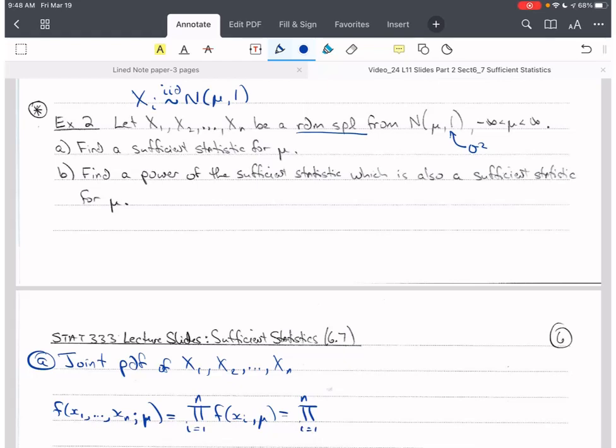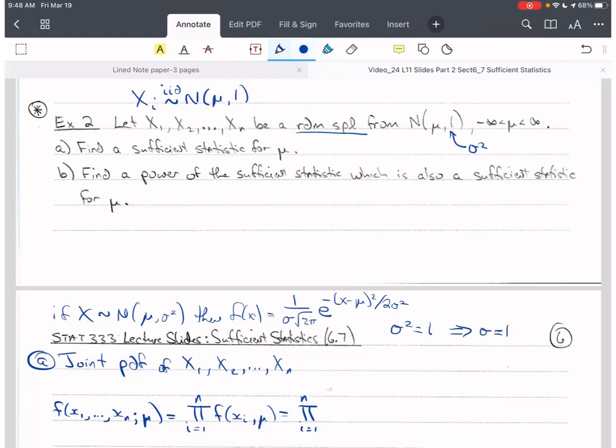Remember that if x is normal(mu, sigma squared), then f of x is equal to 1 over sigma square root 2 pi times e to the negative (x minus mu) quantity squared over 2 sigma squared. Now sigma squared equals 1, and that implies that sigma is equal to 1. We can actually say if and only if, because sigma can't be negative in this case. Since it's a standard deviation, it's always positive.